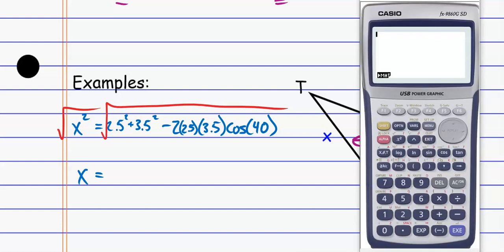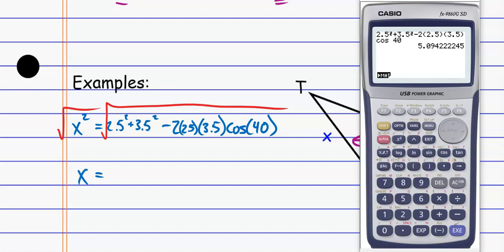If I start with what's inside the square root and just work my way across: 2.5 squared plus 3.5 squared minus 2, and I'm just going to copy this exactly the way it's written, times 2.5 parentheses 3.5 times the cosine of 40. Now I hit enter, and that's what's under my square root.